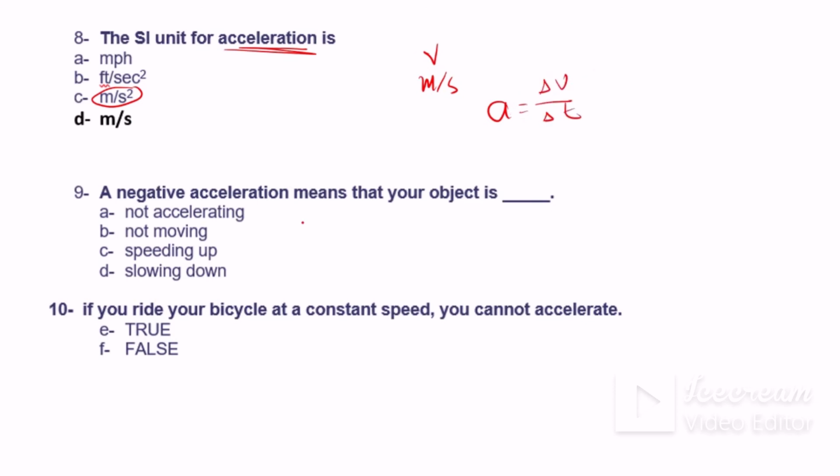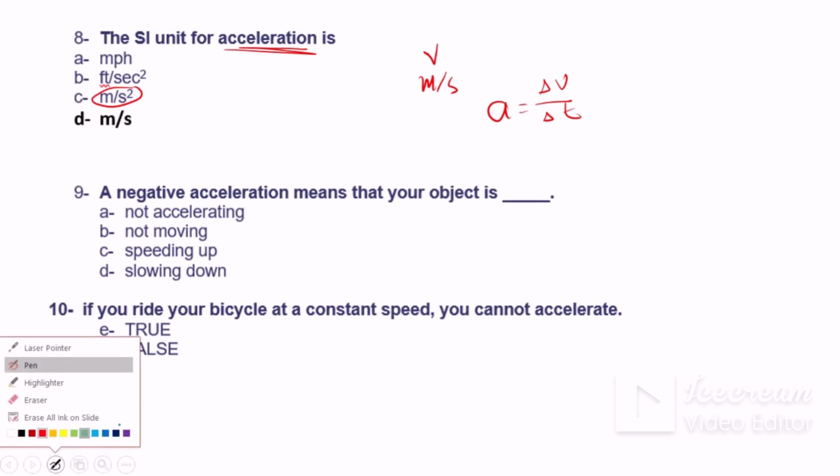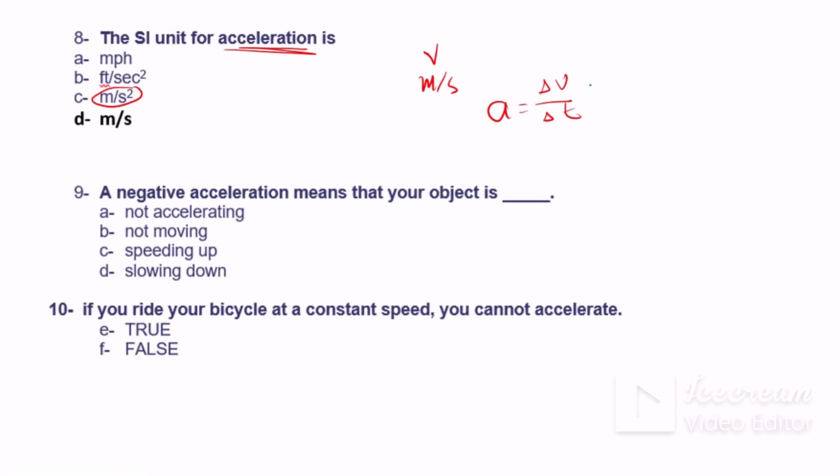Now delta v is measured by meter per second, and t is measured by second. Second times second equals second squared, so meter per second squared.